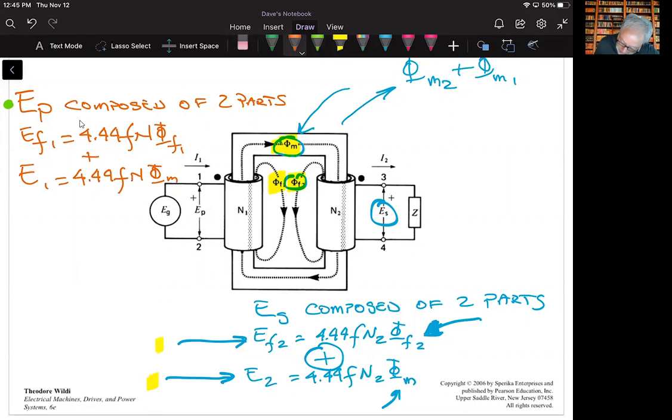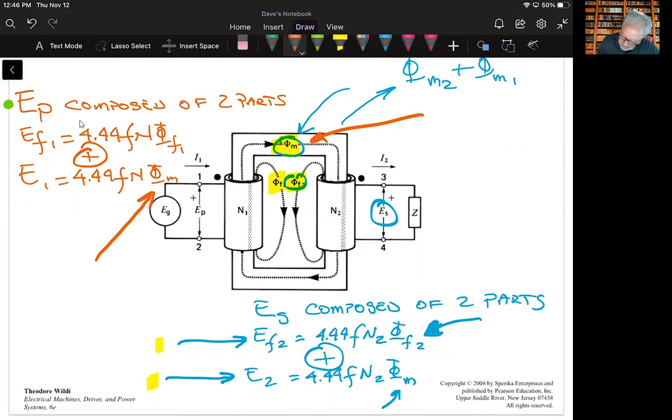And then another part, E1, that is created from this flux, that we're now defining as the combination of the two, and it's given as that equation. And again, these two voltages are generally not in phase.